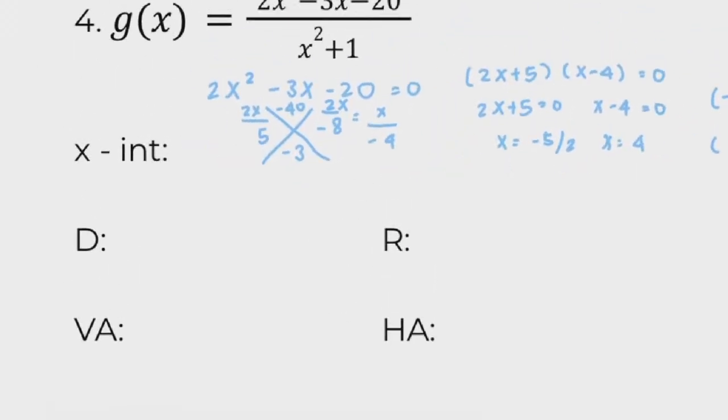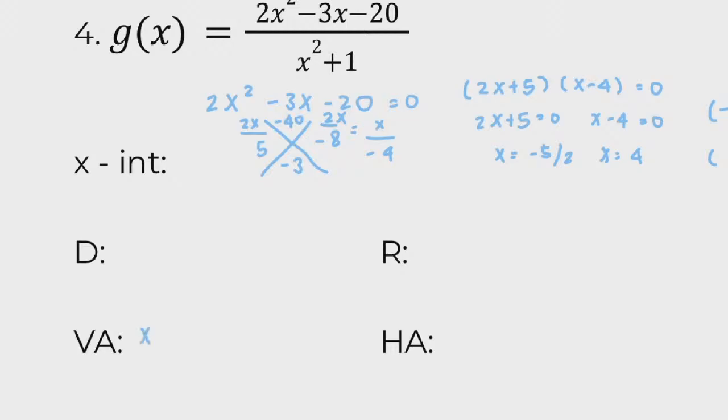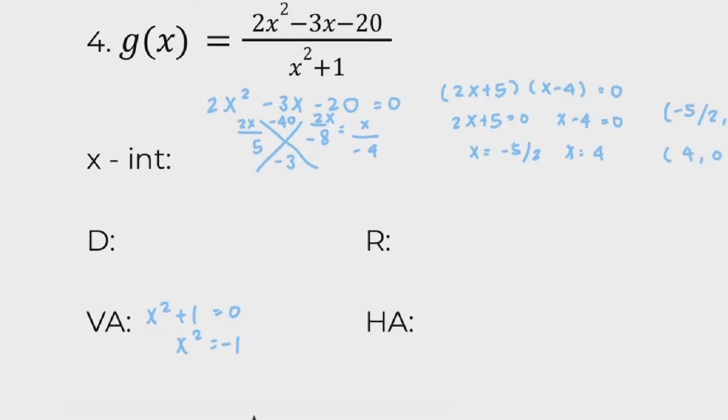Then for the vertical asymptote, that's when we set the denominator equal to 0. So we get x squared equals -1. And this is the same as the previous case where we'll get imaginary solutions, so there's none. And domain is going to be all real numbers. For the horizontal asymptote, we're going to look at the degree of the polynomial.